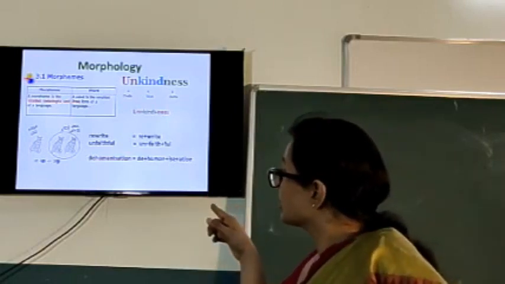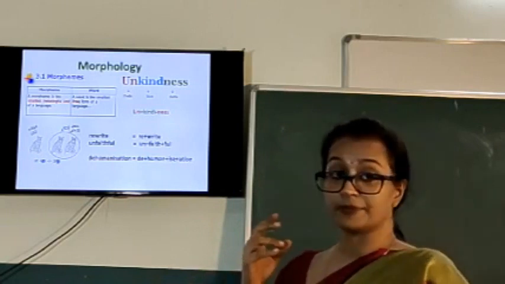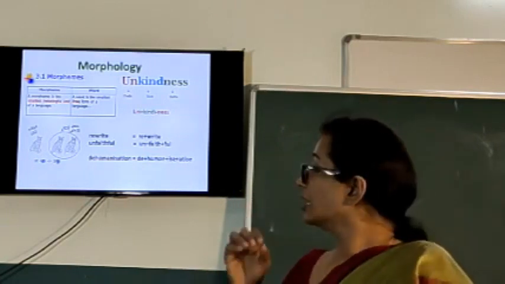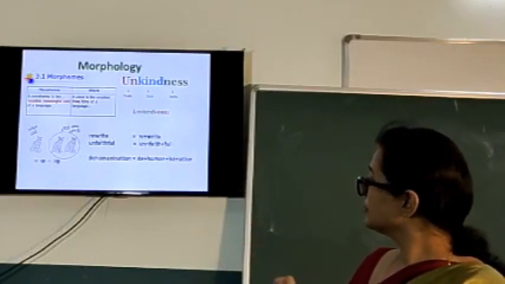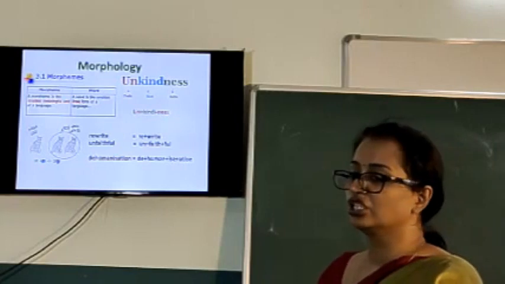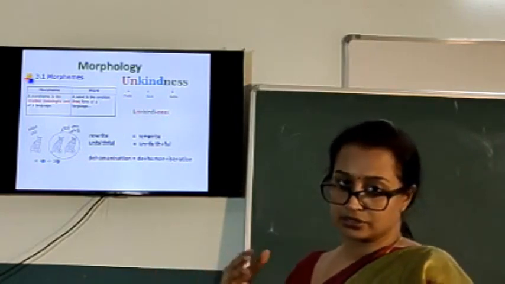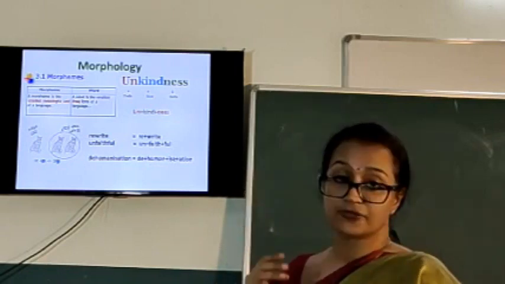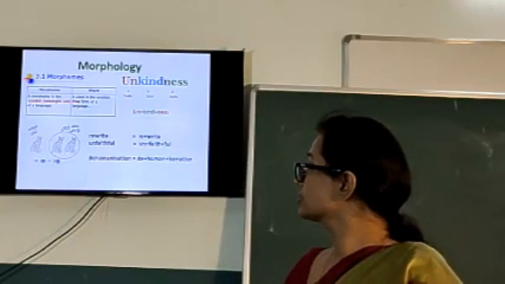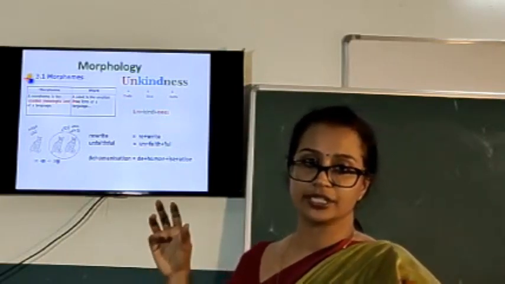Then let's take the next one, dehumanization. How many morphemes? 4 morphemes. De plus human plus ize plus ation. Dehumanization. If you look at the word dehumanization, it has 4 morphemes and the base form is human. The base word is human.